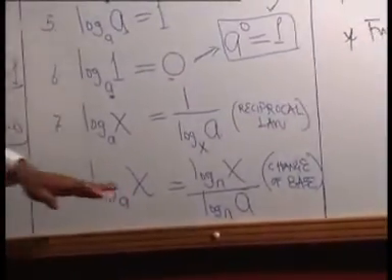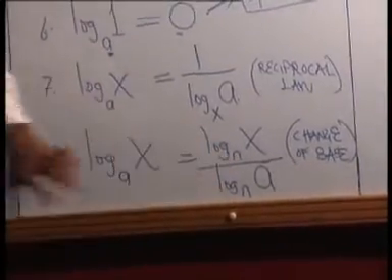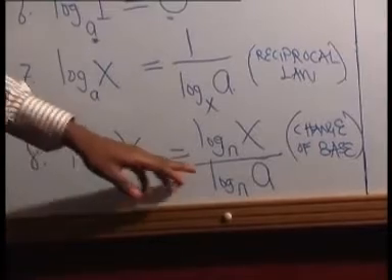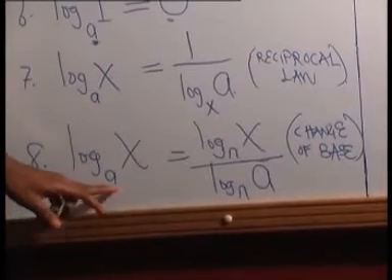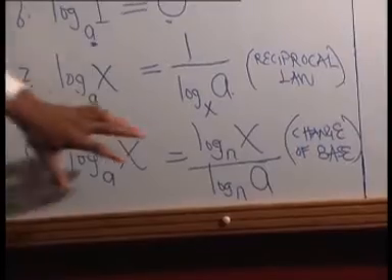Then the last one, change of base. It says that if you want to put a particular new base, if you look at this left side, there was no n as base. The base was a. So if you now introduce a new base, n, for it to be true, this is the relation.